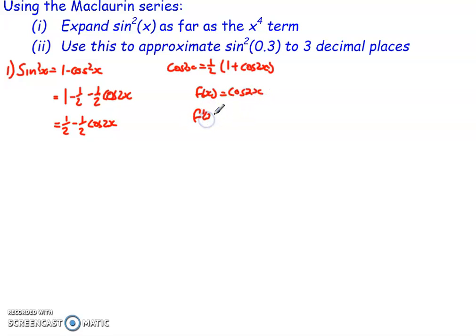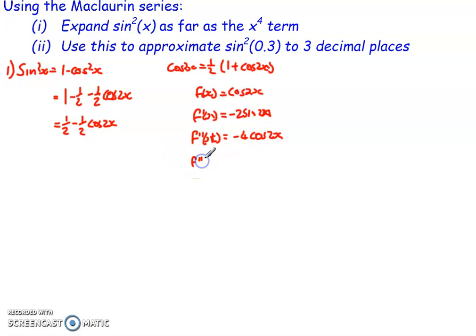So f dashed of x gives me negative 2 sine 2x, so there's my x to the power of 1 term. My x to the power of 2 term, f double dashed of x, is going to be the derivative of this, so I get negative 4 cos 2x. And then I take the third derivative.